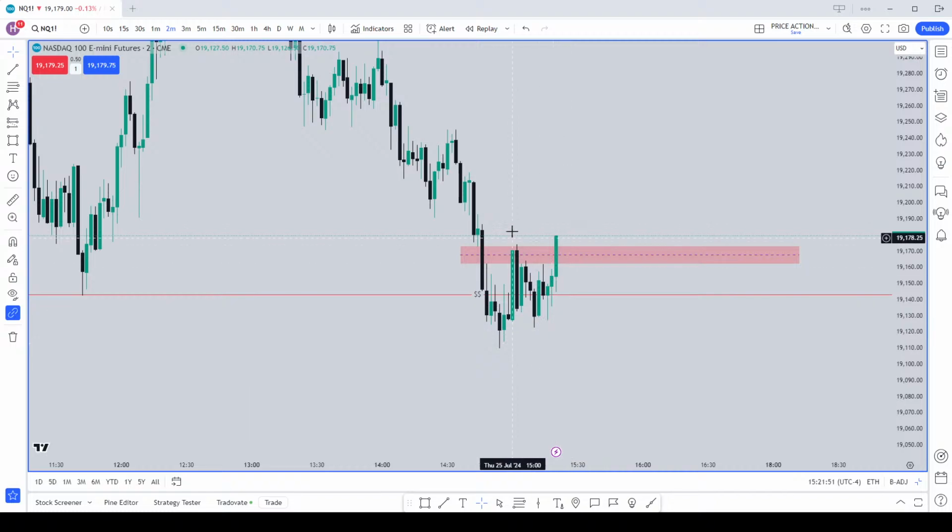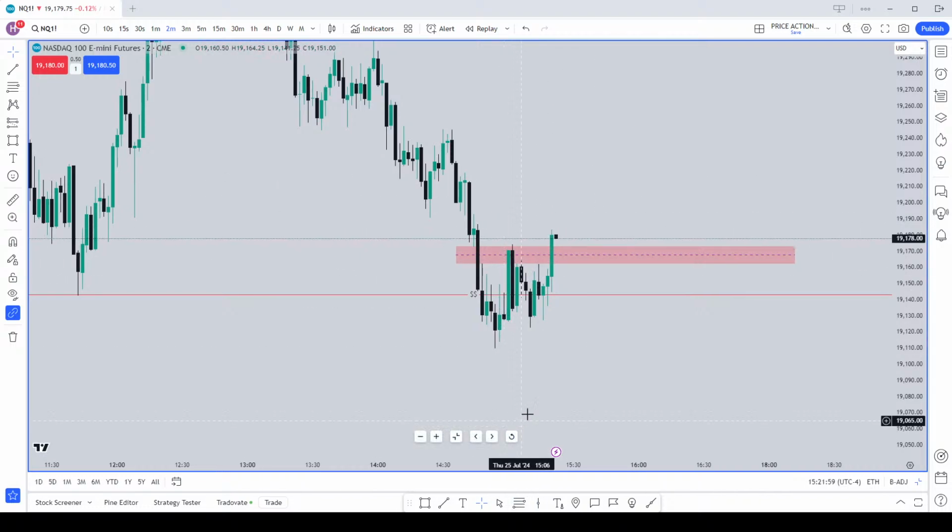Alright, so it did break this. We would have been stopped out if I actually was in that same area. Anyways, this is how the market does move. Good thing we were proactive in taking those orders out and not being in the red.